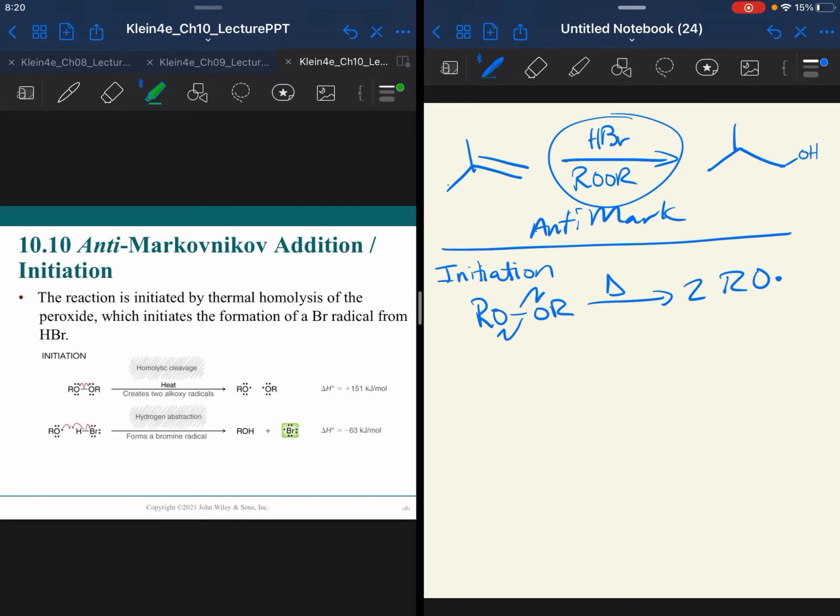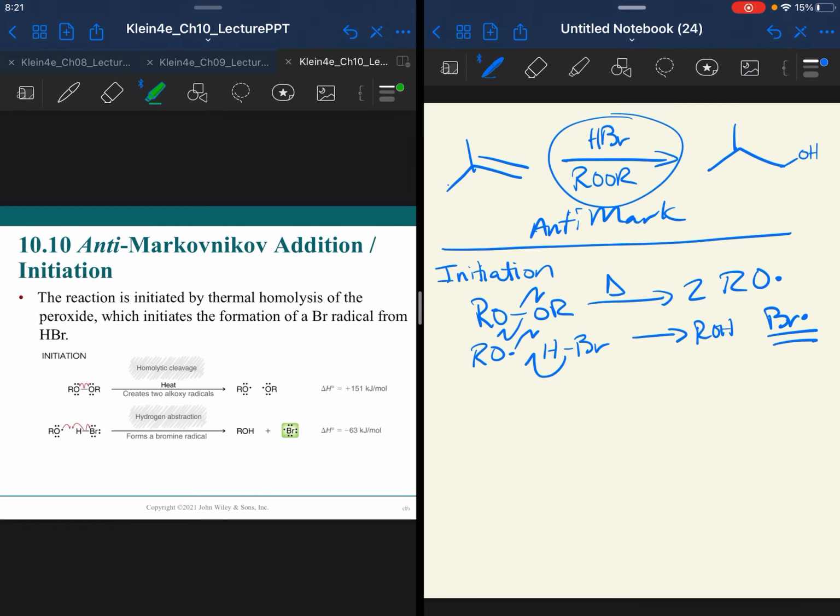So it doesn't really matter what the R groups are or if they are H's. It is that oxygen-oxygen bond that breaks. Even the smallest amount of that RO gets initiated and it will perform the hydrogen abstraction. So it will react with your HBr and you'll get a little bit of alcohol side product, but you will also form a bromine radical.